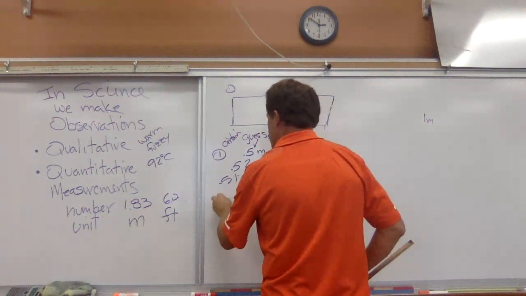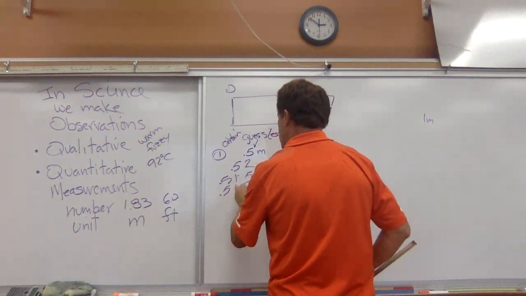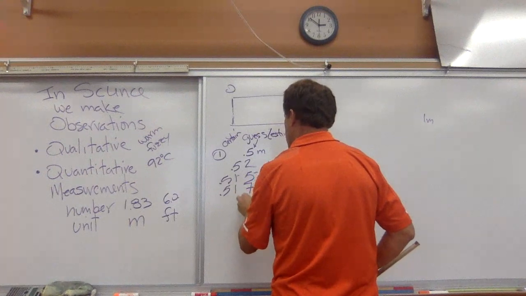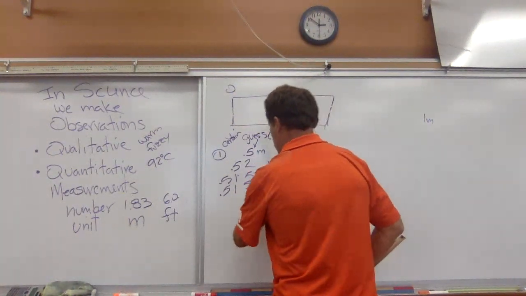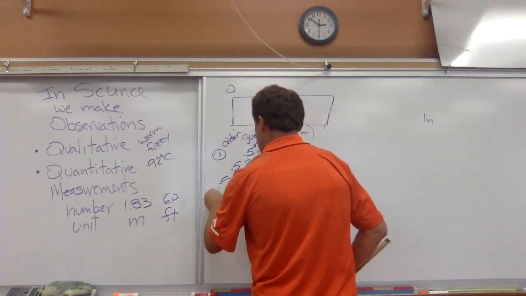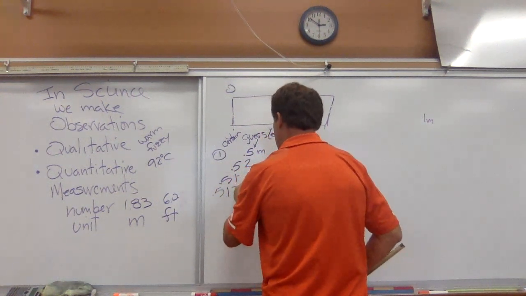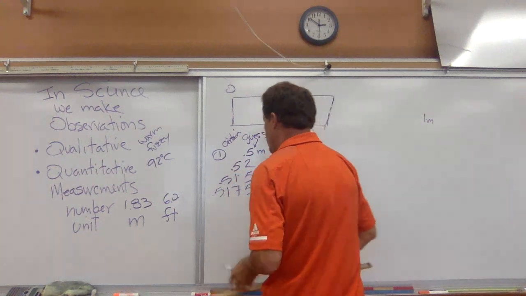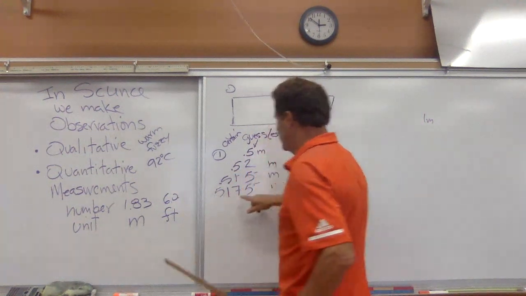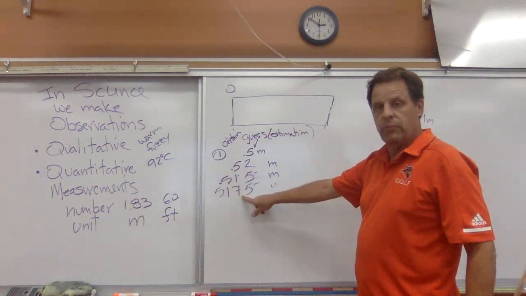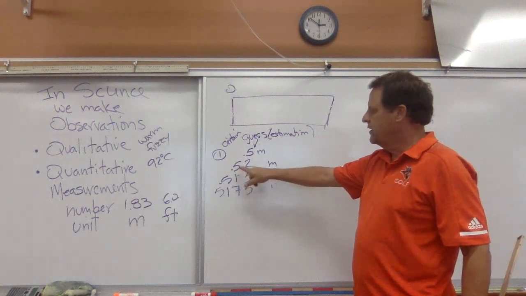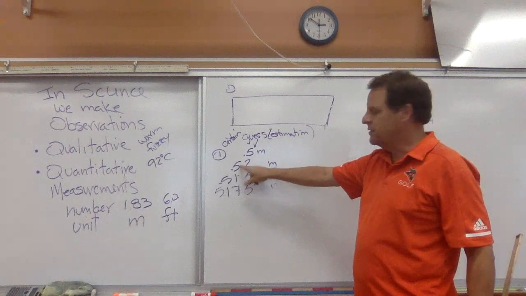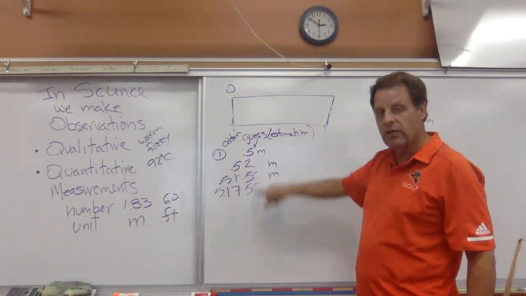So 0.517, okay, let me read, 0.5175 meters. So this is 517.5 millimeters. This is 51.5 centimeters. This is 5.2 decimeters. This is a half a meter.